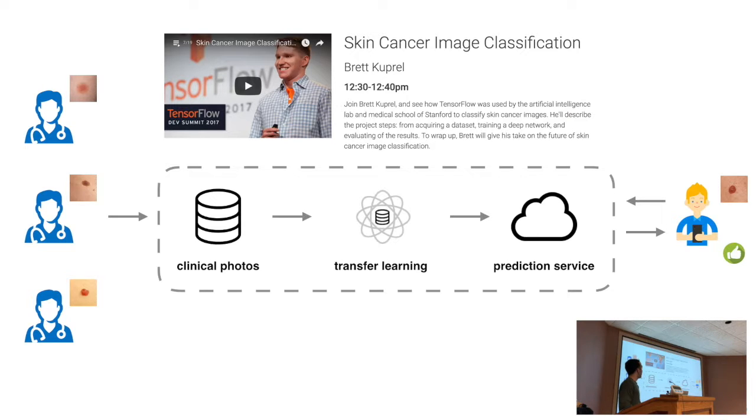And just to motivate why we care, in particular, we'll use this running example of skin cancer image classification. A few years back, researchers from Stanford published a paper that claimed to have expert level skin cancer diagnosis using deep learning.